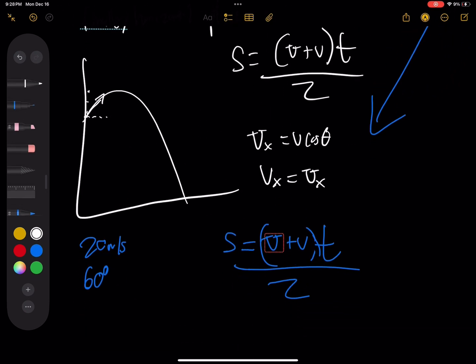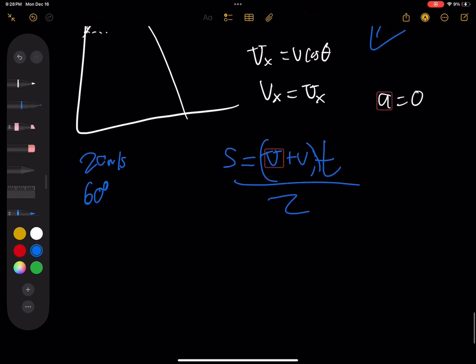And we're not using it in the equation because it's when it hits the ground. So S equals the time, which is 3.5. I'm just moving it up over here. 20 cosine 60 plus 20 cosine 60 times 2.